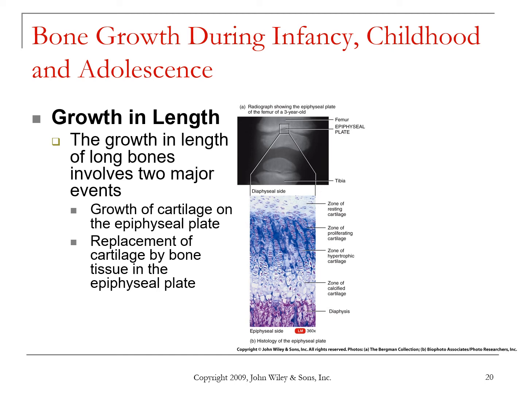Meanwhile, calcification of the older cartilage is followed by ossification as osteoblasts and blood vessels invade the deeper cartilage from the diaphysis. So, as the cartilage grows, the bone lengthens, and then the cartilage is replaced by bone tissue.